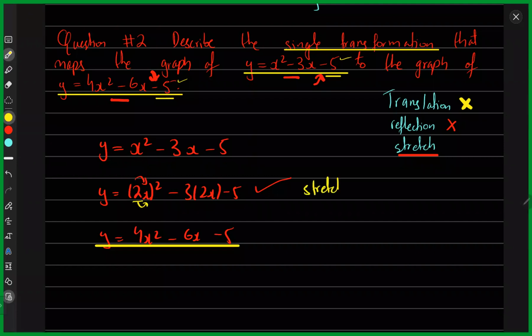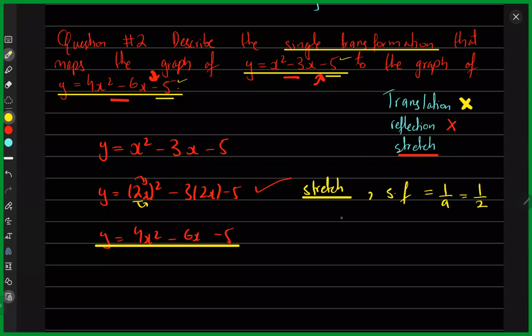So you would get 1 mark for stretch for identifying the correct transformation, and then the second mark you would get by telling the stretch factor. So stretch factor is basically 1 by a. Okay, it's 1 by a, and a is the number that you're multiplying. If I had 1 by 2 multiplied by x, I would have said a is 1 by 2. I have 2x, it means a is 2. So stretch factor is 1 by a, and since a is 2, it would be 1 by 2.